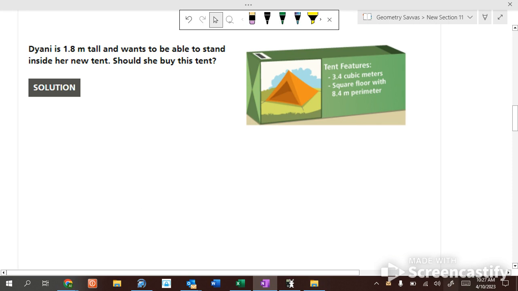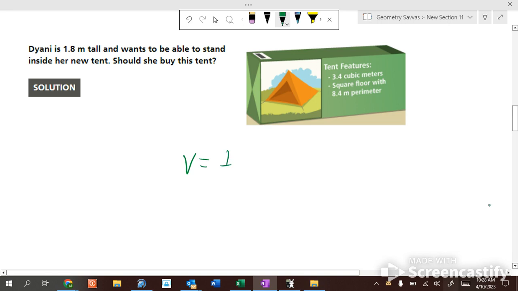Diane is 1.8 meters tall and wants to be able to stand inside her new tent. Should she buy this tent? Well, we know the cubic meters of this, and we know what the area of the base is. So we need to find the height.